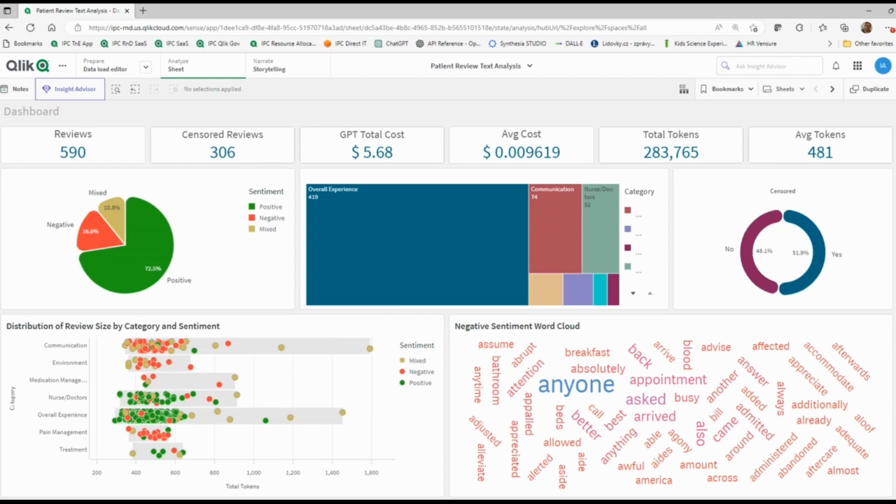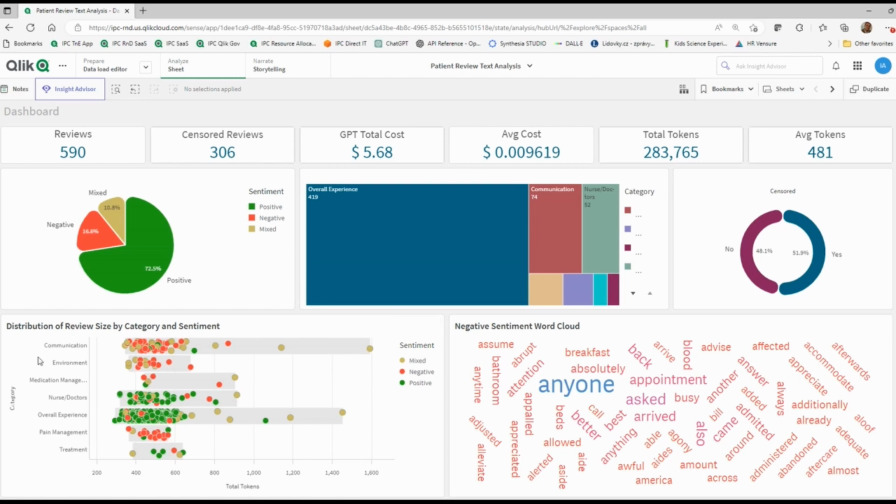Interestingly, based on this data, that statement doesn't seem to be true. The longest messages are mixed reviews in communication and overall experience. Pain management apparently has the highest percentage of negative reviews, probably because people are in pain, so they are not very happy and have a higher likelihood of writing negative reviews.